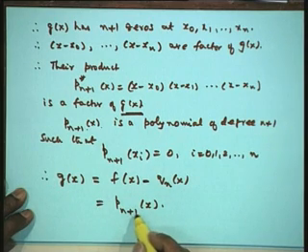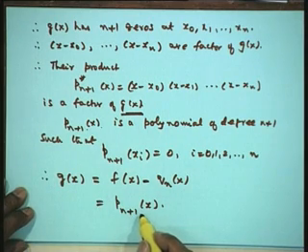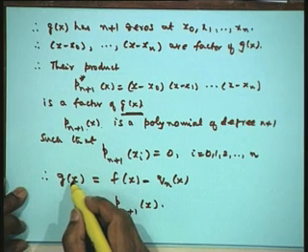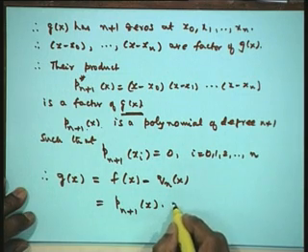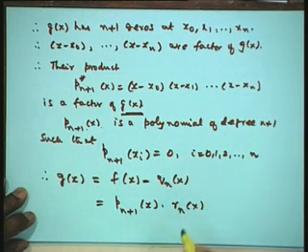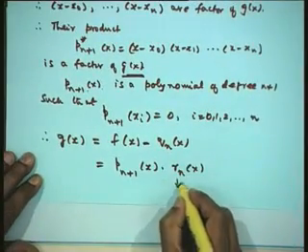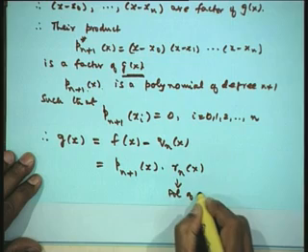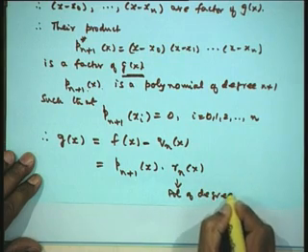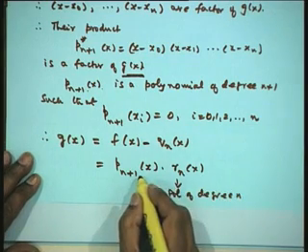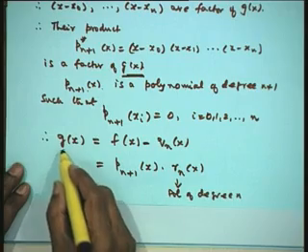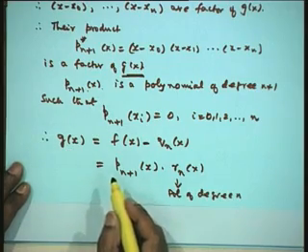I have taken out a polynomial of degree n+1, therefore what is left will be a polynomial of degree n. It will be some rn(x), where rn(x) is a polynomial of degree n, so that the total degree is 2n+1, which is the degree of the polynomial g(x).